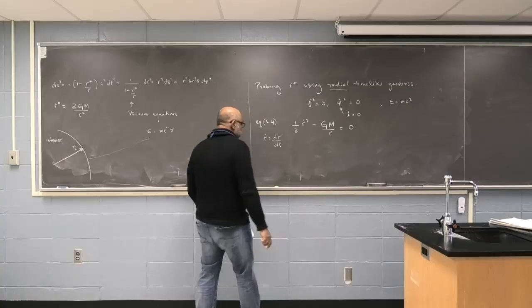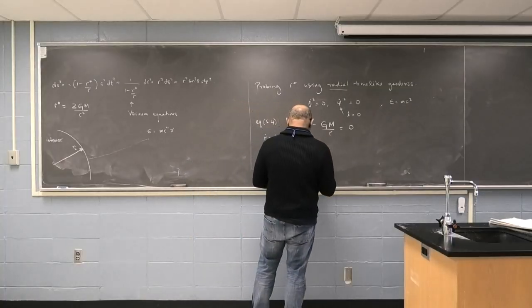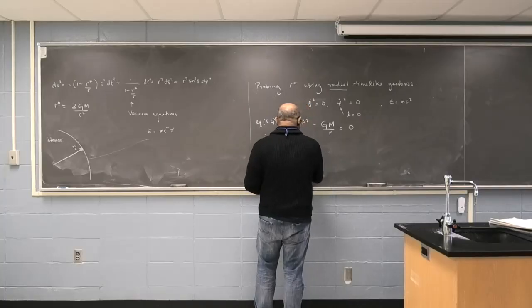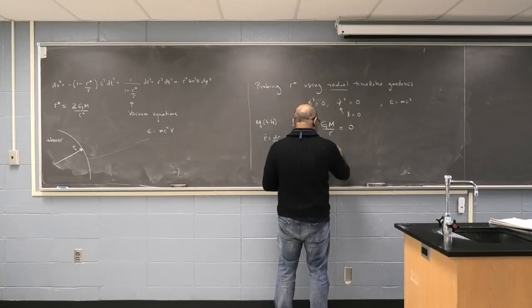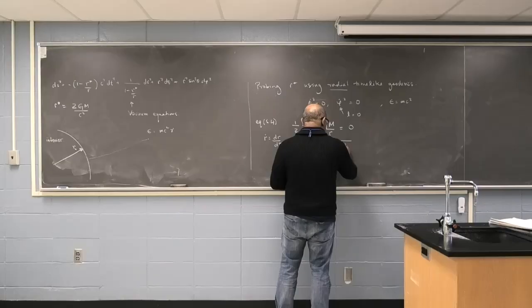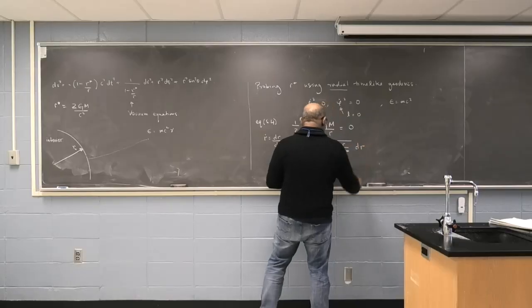So I can solve this, and you should, let me just make sure it's GM over r. Yeah. So then c d tau equals plus or minus square root of r over r star dr.